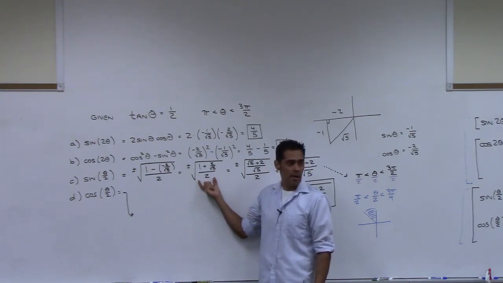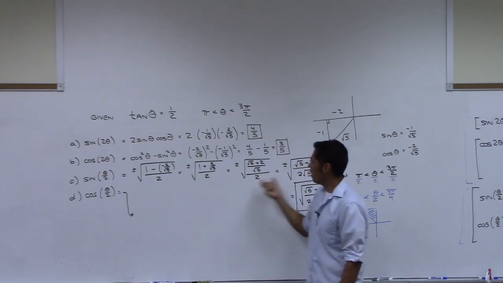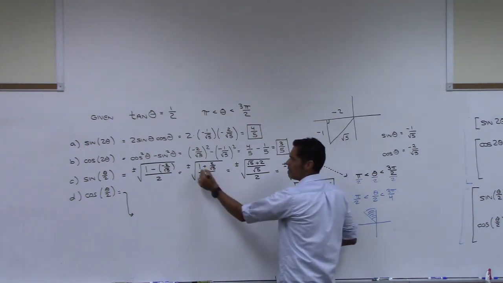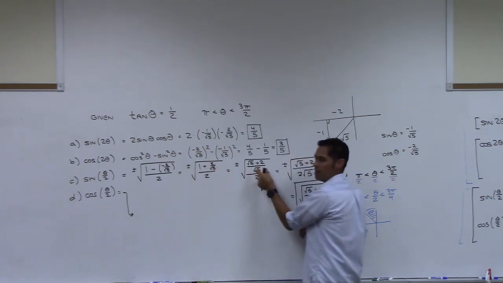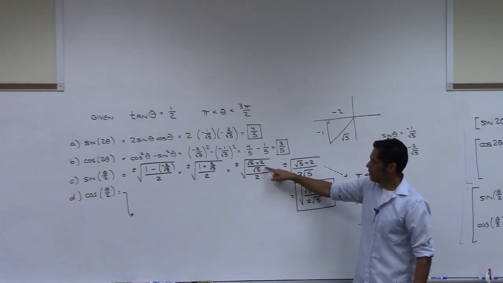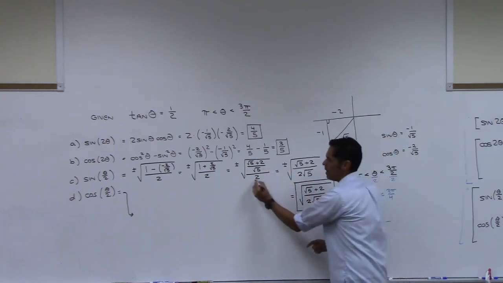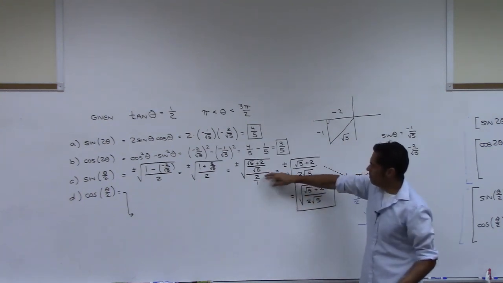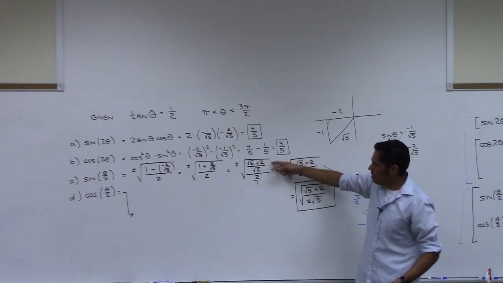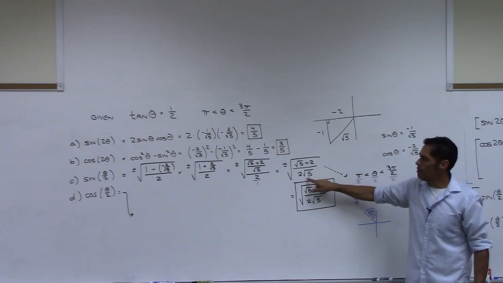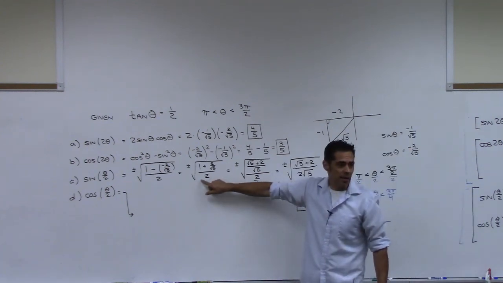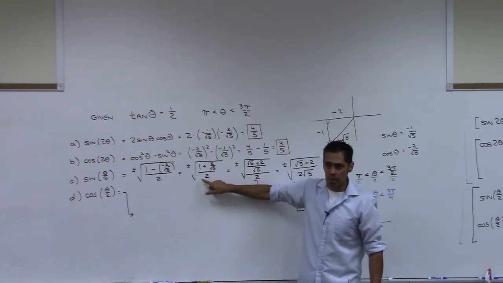But to explain how I got to here, I got a common denominator. I rewrote this 1 as root 5 over root 5. And then put them together, and I got this. And then I divided by 2 over 1 and flipped the 2 over 1 like this, and the 2 just joins the bottom. That's it. But if you want to leave it like that, that's fine. But you still have to resolve the plus or minus.